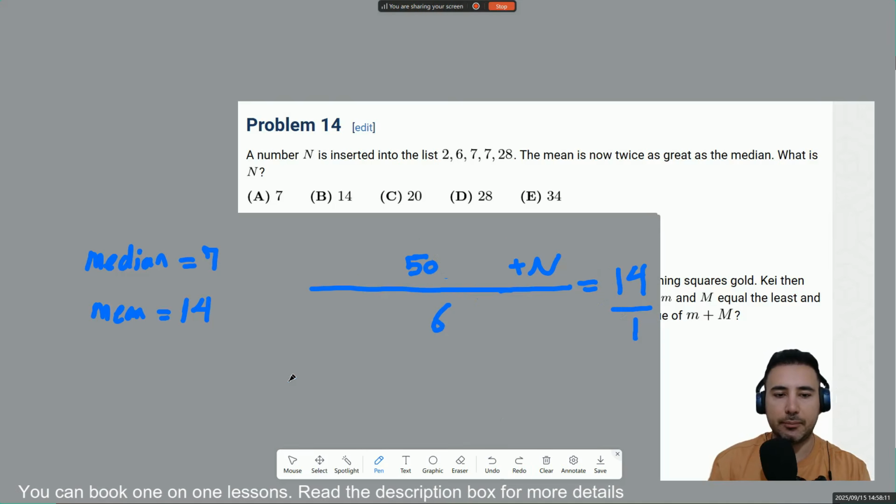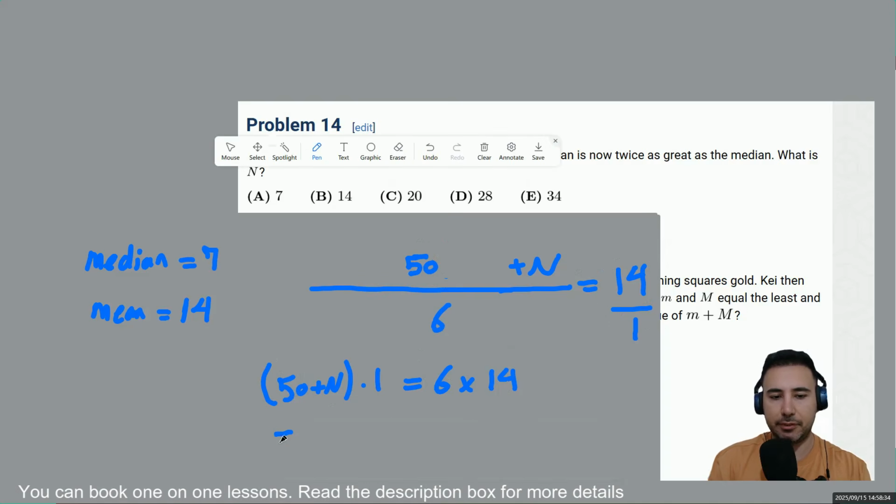I'm going to write it here because I know some of you will have problems with this. That's cross multiplying, and it is equal to these numbers together. It doesn't matter if I write 6 times 14 or 14 times 6, right? Order is not important when multiplying. So 6 times 14 then. Anything multiplied by 1 is itself. So 50 plus n.